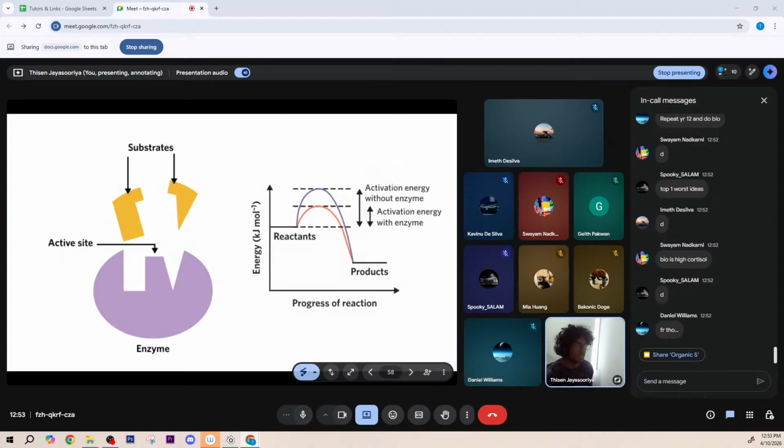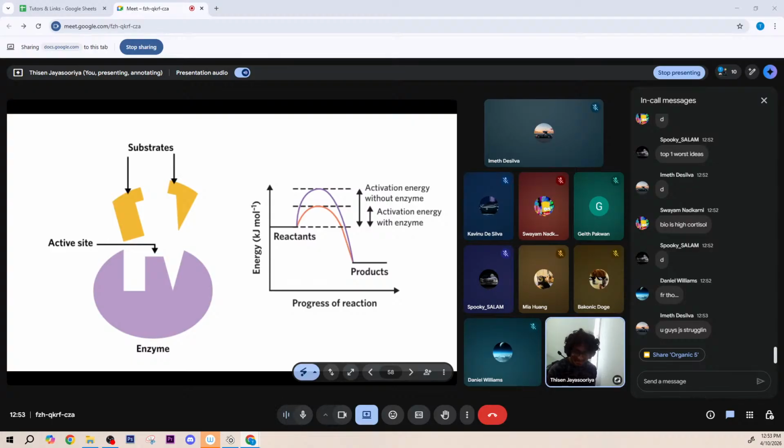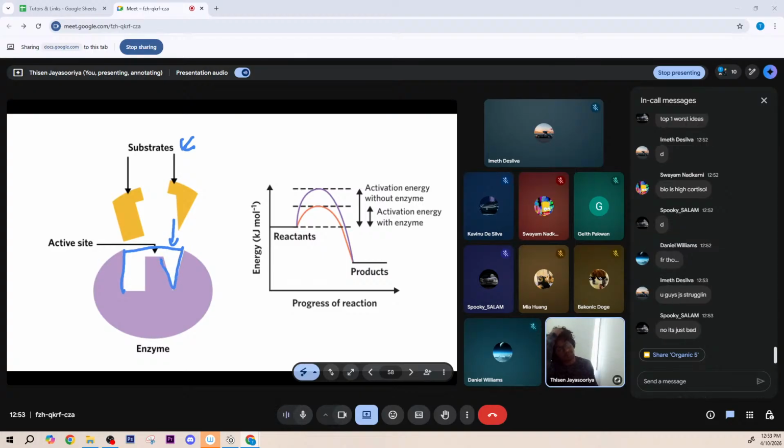So now we're talking about enzymes. Enzymes have the active site and the substrate. When they come together, they form what we call the enzyme substrate complex. Yeah.